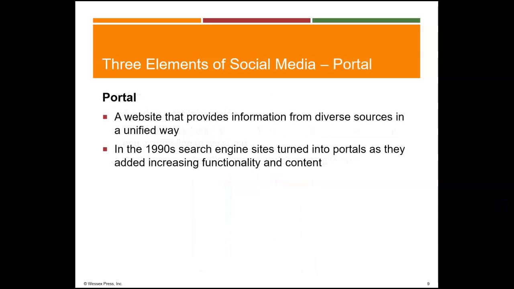To more clearly define each of the 3 elements, we have the portal. This is a website that provides information from diverse sources in a unified way. In the 1990s, search engine sites turned into portals as they added increasing functionality and content.